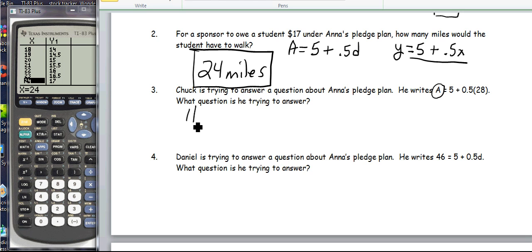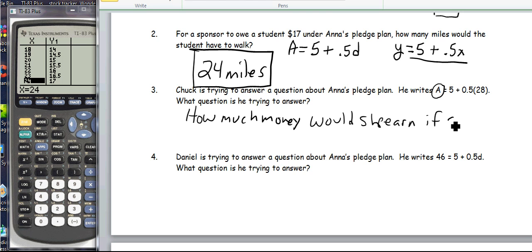So I could say, how much money would she earn if she walked, and we're given the x value, 28 miles.